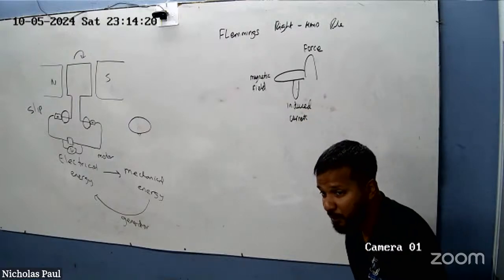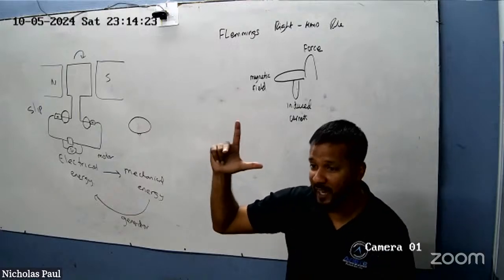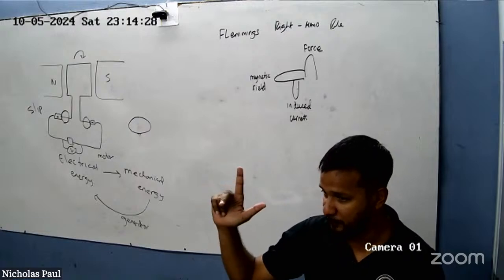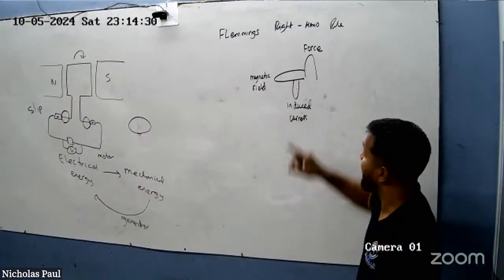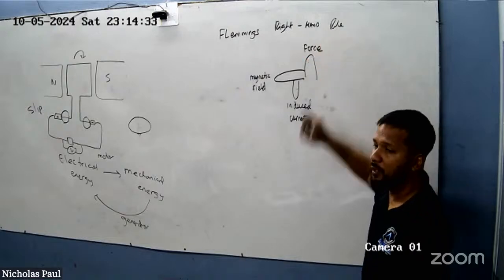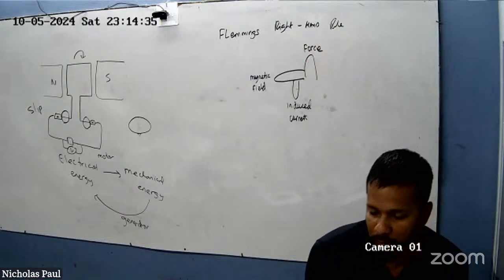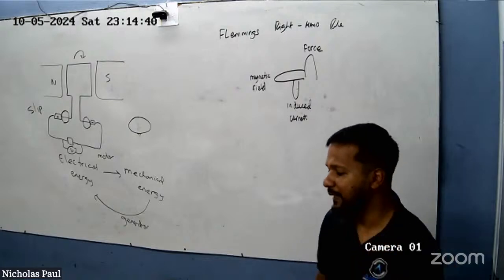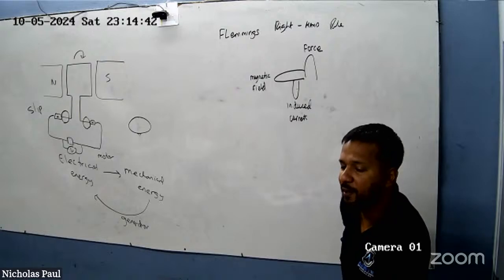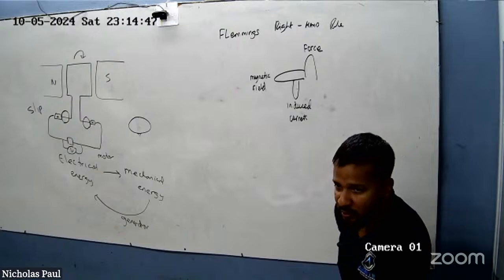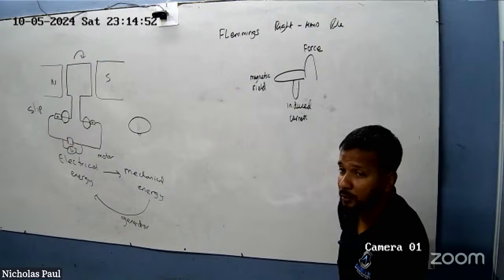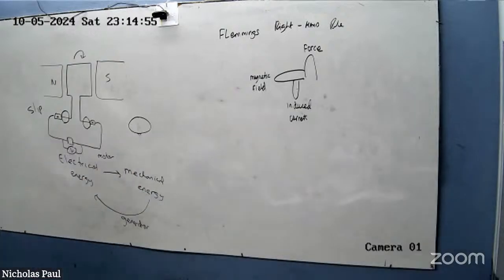We are going to use Fleming's right-hand rule to find the direction of the current being induced. Make a note of that.